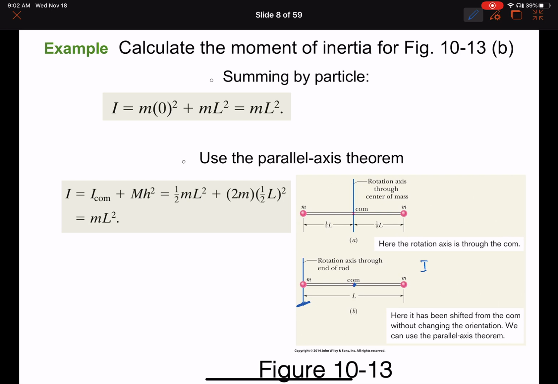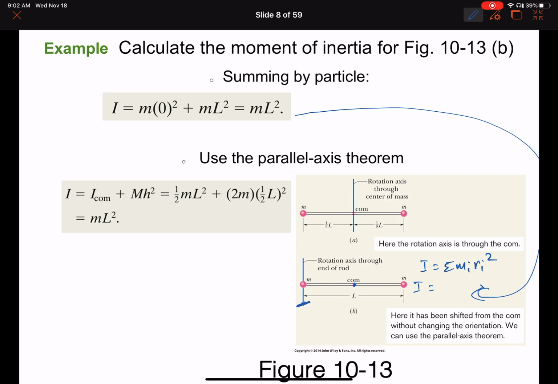I is the summation of m_i r_i squared. This is what I'm trying to do here, not using the parallel axis theorem.